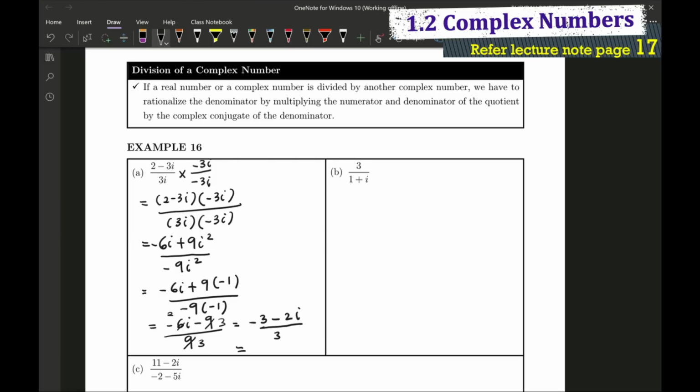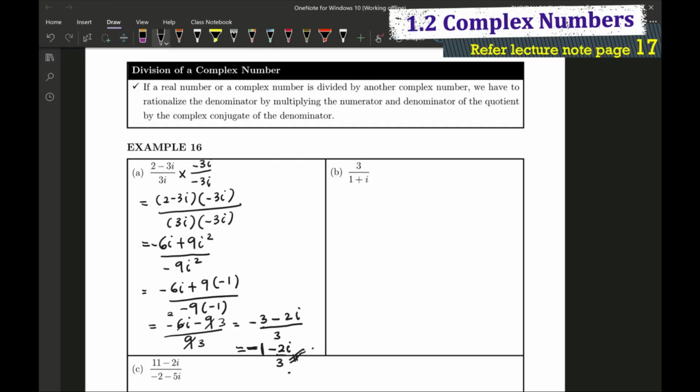Final answer is negative 1 minus 2i over 3. Normally we put the real part in front and the imaginary part after it, just to make it look normal. If not, it looks abnormal. Negative 1 minus 2 over 3i.